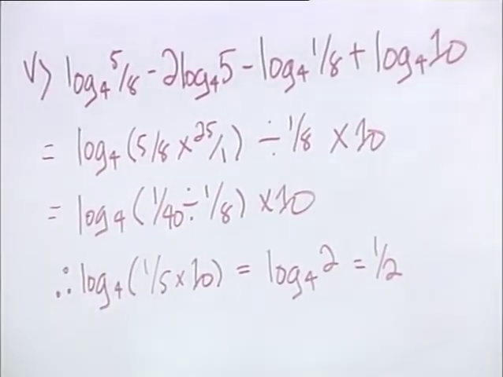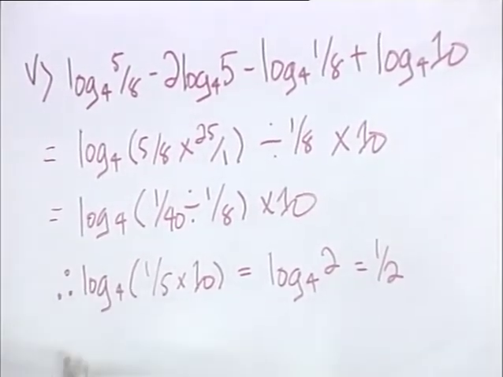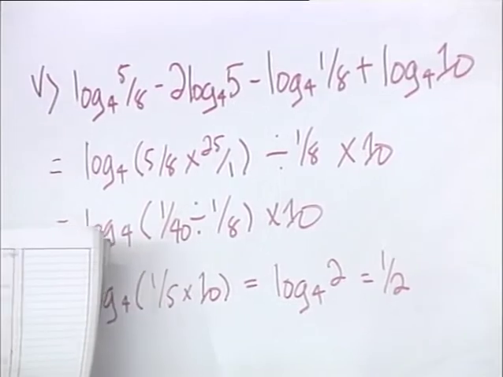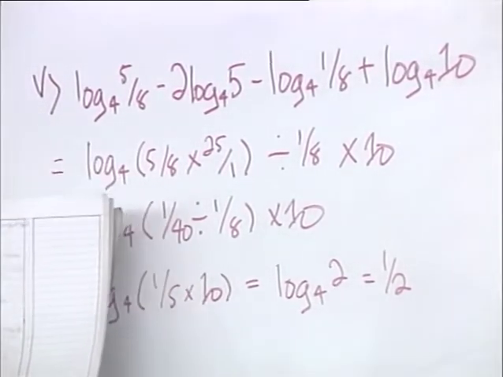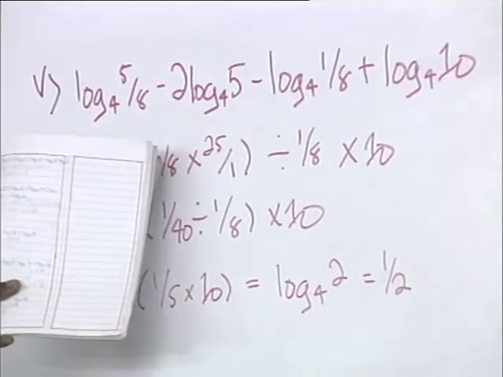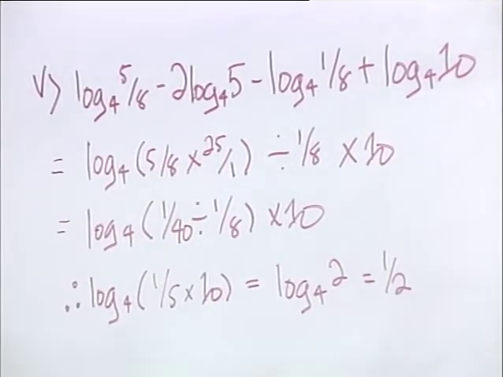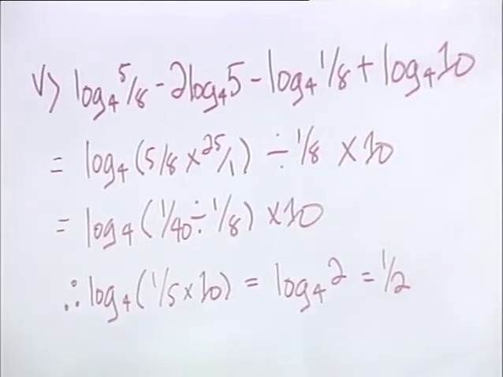The answer is a half, and how I got a half is first you multiply log 5 over 8 base 4, it's just the same as multiplying it with 2 log 5 base 4, then you divide it by the base 1 over 8 and multiply it again with the base 10, which will give log base 1 over 40 divided by the base 1 over 8 times 10.